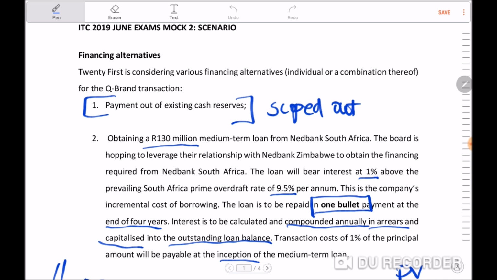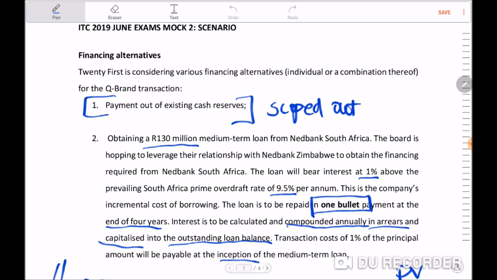if I submit their requirements in terms of us as 21st pursuing a loan? And in terms of the loan, again, we're told that we have an additional incremental cost of borrowing of 1% above the normal South African prime overdraft rate of 9.5% per annum. Now, we all understand that debt increases the financial risk of an entity. So the more we obtain a loan, we are going to obtain what?